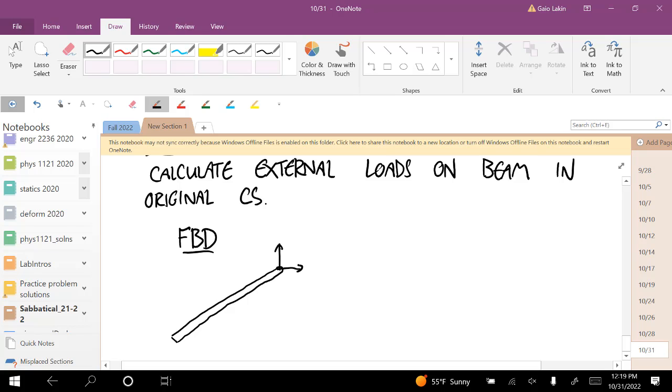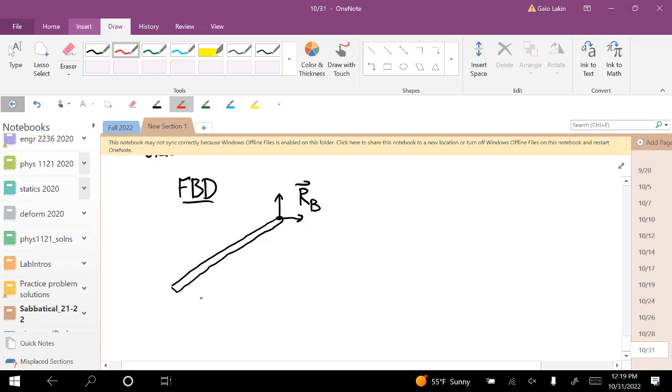We have an unknown force vector up here. I'll call that RB. A pin and slot joint has a force with a known direction. I'll call that RA. And then the only other force is the weight force. Since we've already chosen the body to isolate, we can treat that as a point force. So that's 490.5 newtons.